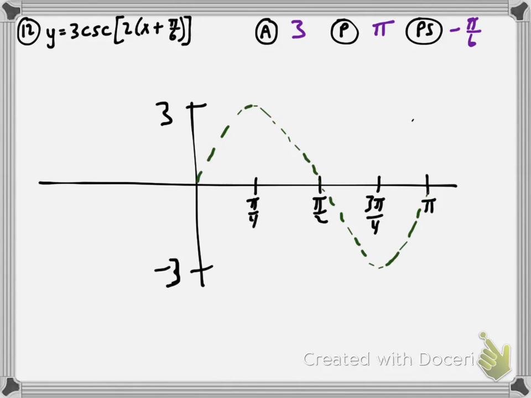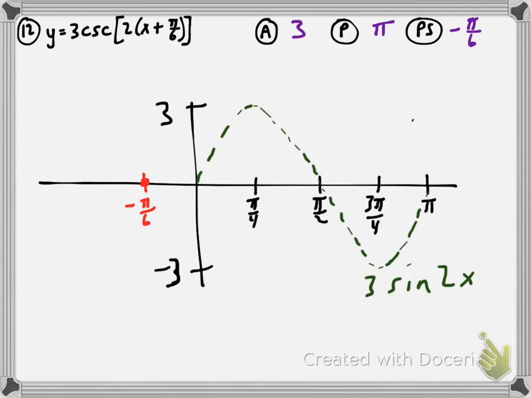So there's the sine. That's 3 sine of 2x. But now we have to shift this green graph to the left, pi over 6 radians. So that's wonderful. We just go ahead and move this over to negative pi over 6.